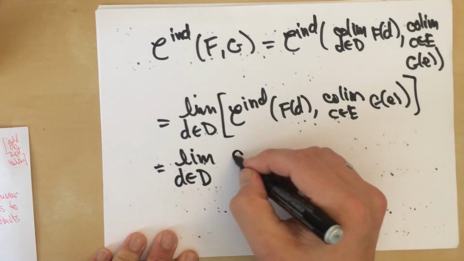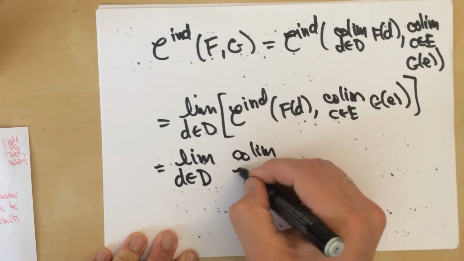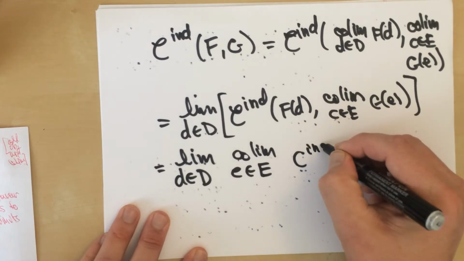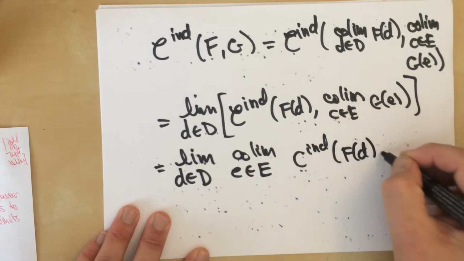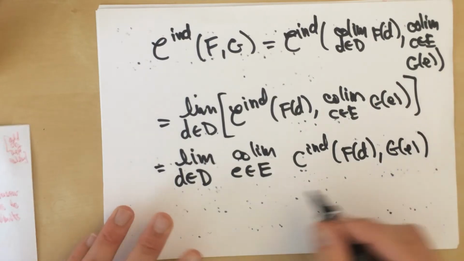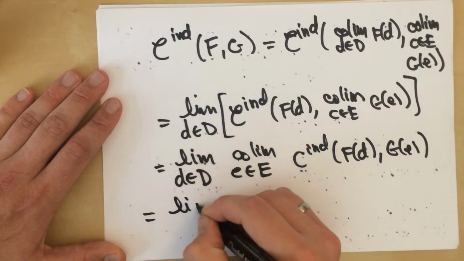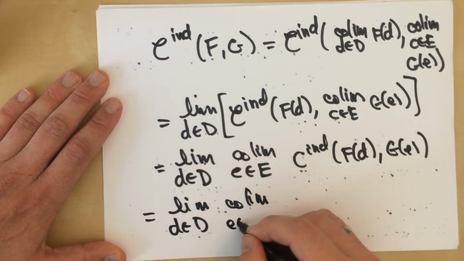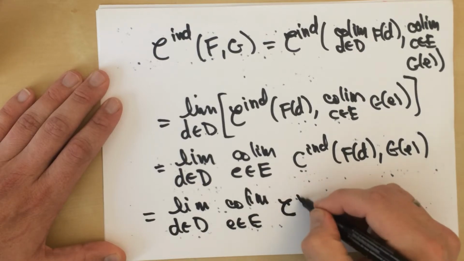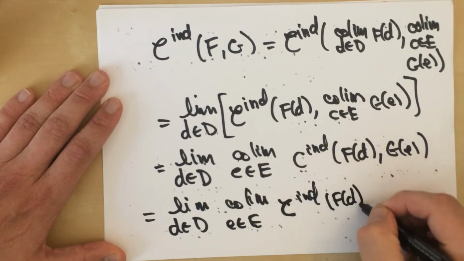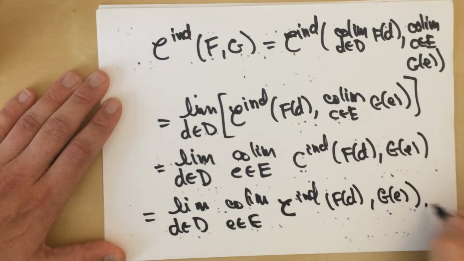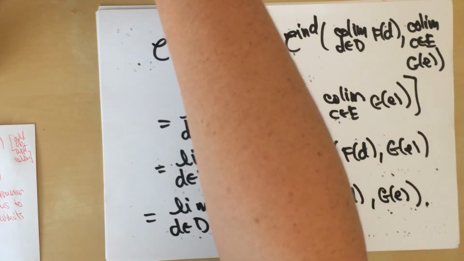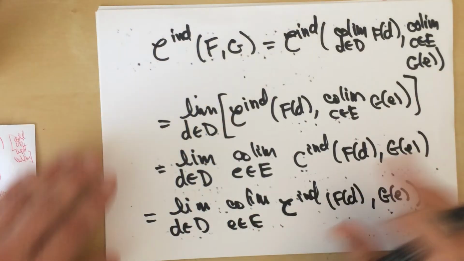And then we have a co-limit of E and E of G of E. And now we're just going to use the faithfulness. Okay, so this is how we determine the morphisms in this Ind category.